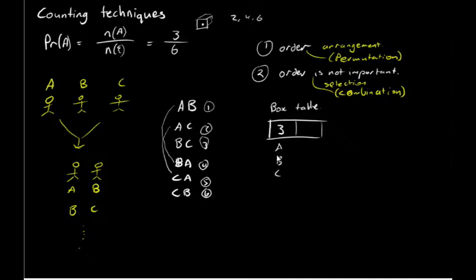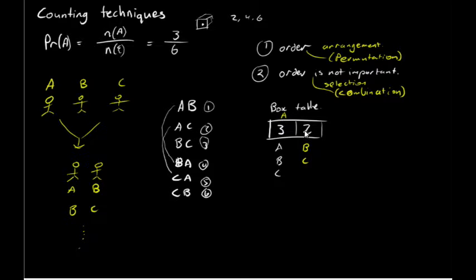So I'd put 3 there. In this next one here, however, I've already selected one person. So they're already in that first one, which means there's only 2 possible selections I can have depending on what we've got on the first one. So if A is in there, so let's say we've put A in this first one, well then only B and C could go in this second one.